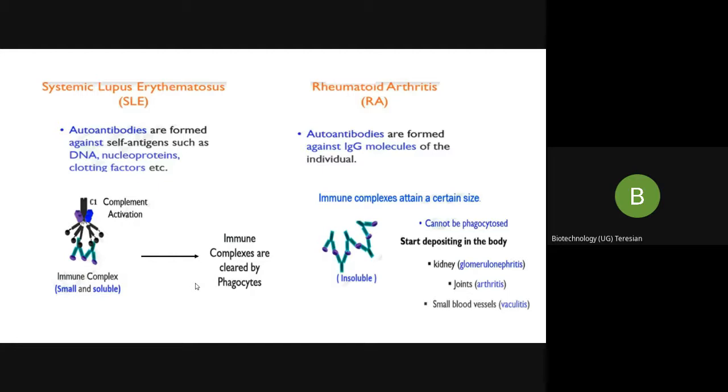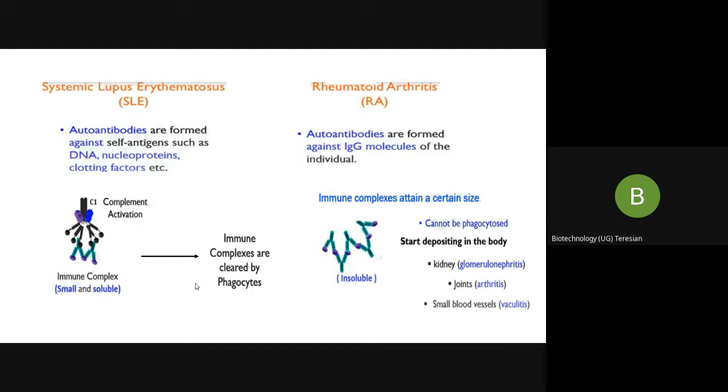The large size of the immune complex means it cannot be phagocytosed and cleared from the blood, so they start depositing in a single or various parts of the body. The common sites of immune complex deposition are the kidney, joints, and small blood vessels. This is the main reason behind type 3 hypersensitivity.